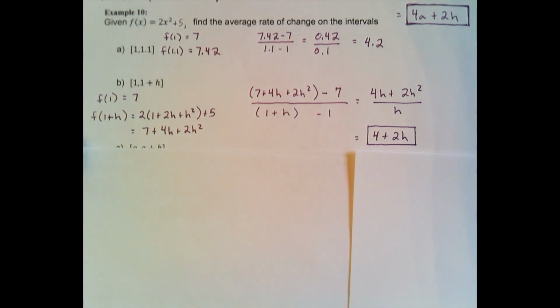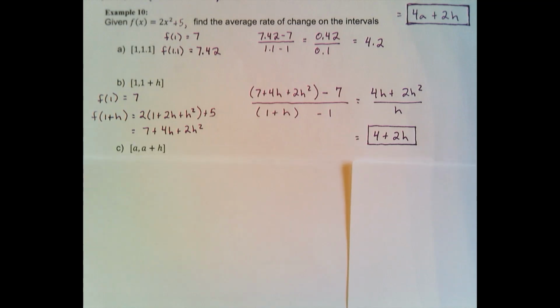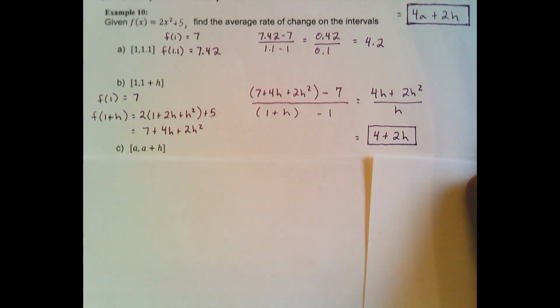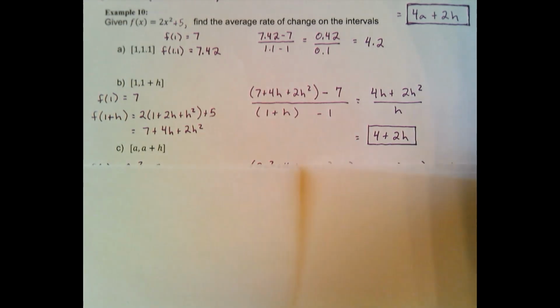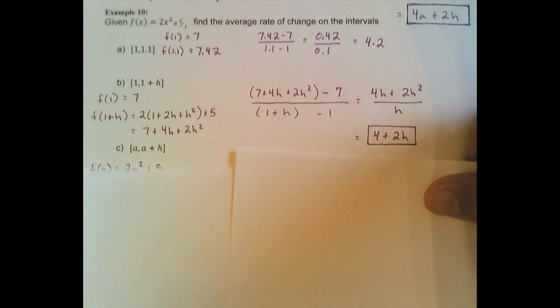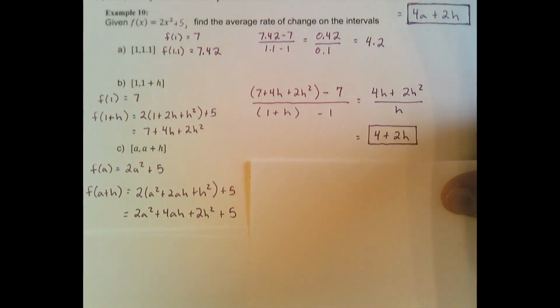Perhaps we'll see that same thing happen again in part C. A to a plus h. If we evaluate the expression f of a and f of a plus h, we get slightly different looking expressions than in example 9, but the process is still the same.